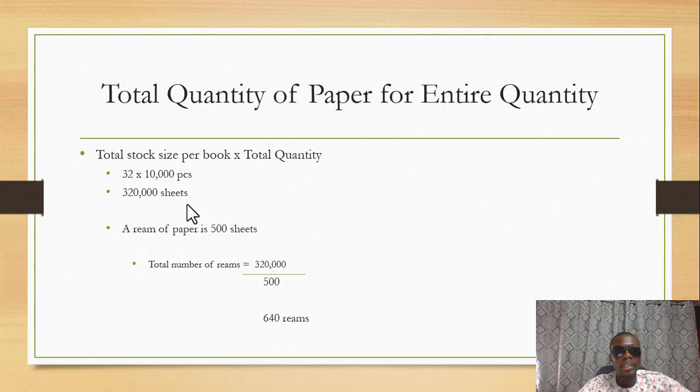So to get the total number of reams required to print 10,000 copies of 512 pages, we take the 320,000 sheets which we got earlier, divided by the total number of sheets per ream, which is 500, to give us 640 reams. So the total quantity of paper required to print the job is 640 reams.